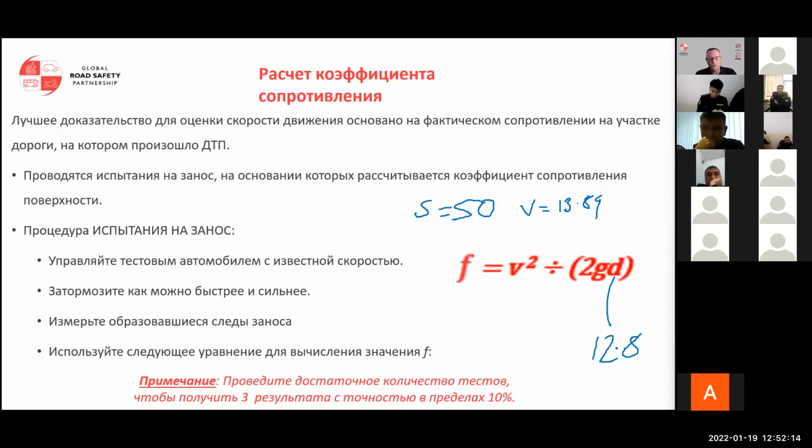So now we know everything we need to calculate drag factor, which is what we're trying to do. It's the whole point of these test skids. We will use this equation. Drag factor is equal to the velocity squared divided by 2 times G times D. We have a bit of BODMAS going on, so we do the brackets first. I'll get my calculator up.